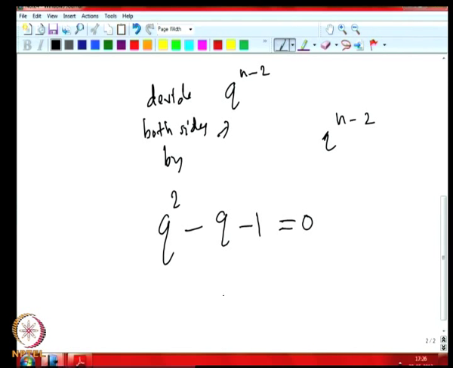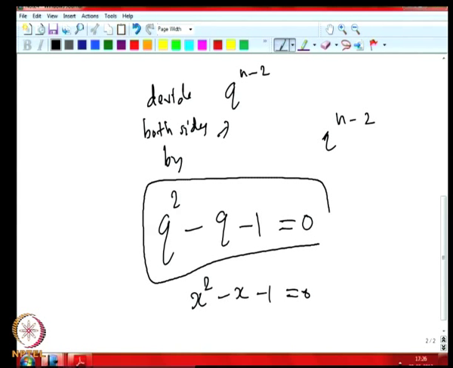Is there a possible value of q? You know, there is a quadratic equation, x squared minus x minus 1 equal to 0. If you can find the solution for this, that can be taken as the value of q. And you know, this is by using the minus b plus or minus root b squared minus 4ac by 2a formula, right.